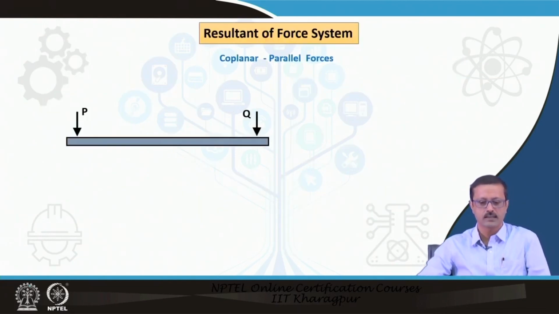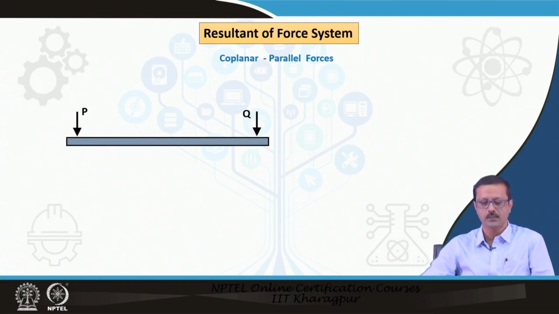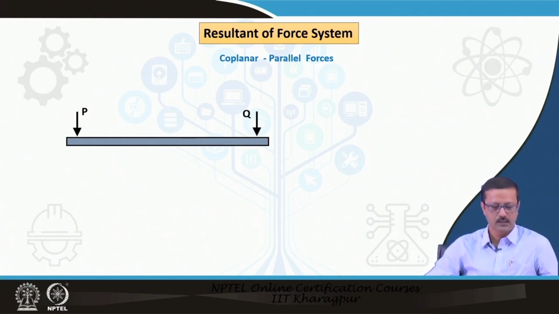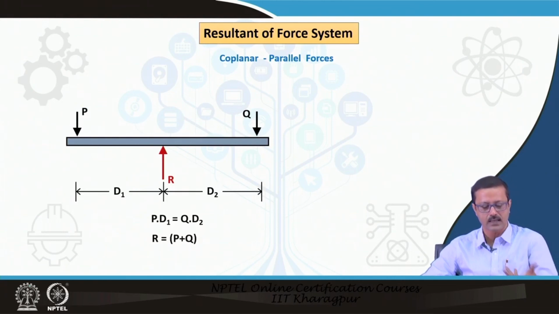Now the resultant force for coplanar parallel forces. P and Q are parallel forces on a rigid body, so there must be a resultant. I am showing the opposite of the resultant force as an equilibrium kind of condition.